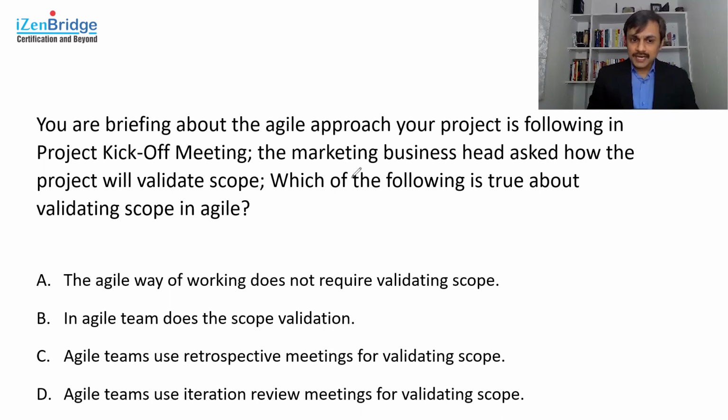Option B, in agile, the team does the scope validation. C, agile teams use the retrospective meeting for validating scope. Option D, agile teams use the iteration review meeting for validating scope. Pick your choice. You can pause the video. Then I will talk about my opinion about this question.